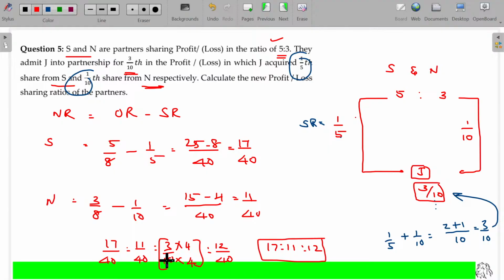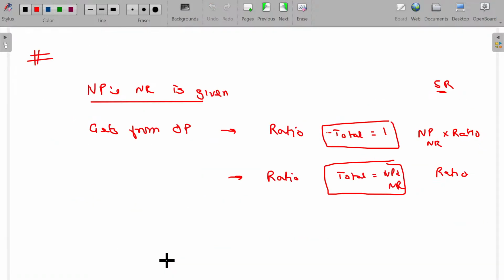Only most of the students get confused with these two terms. I have given a small hint to understand. New partner's new ratio is given. How he gets it from the old partners is also given. How he gets from the old partners, there's a ratio. If that ratio is total, if it is equal to 1, then sacrificing ratio is equal to the new partner's ratio multiplied with that ratio.